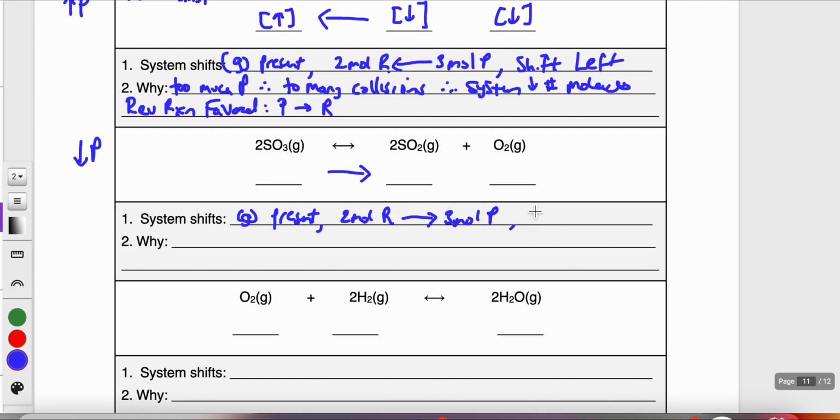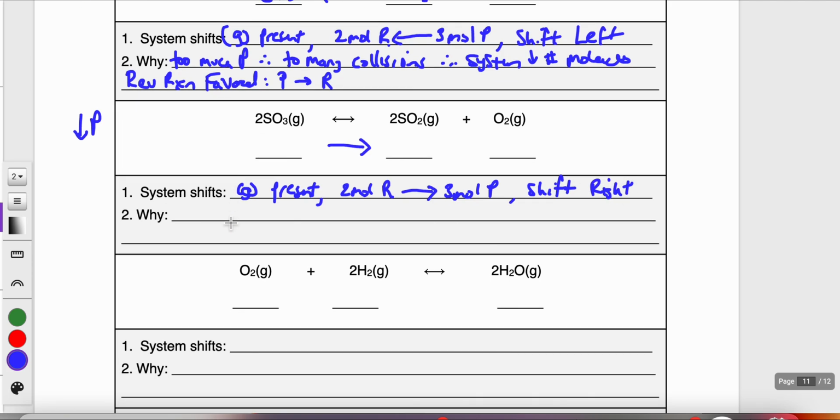So in this case, the system will shift right. Why? Because there's not enough pressure.